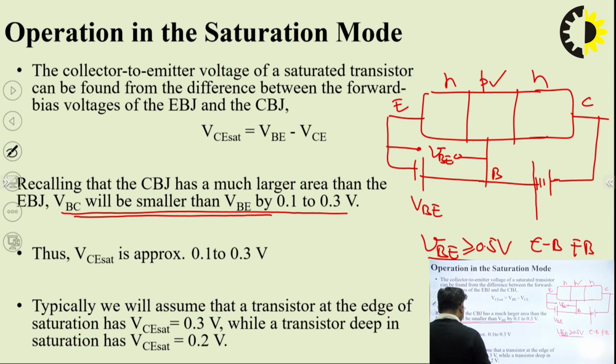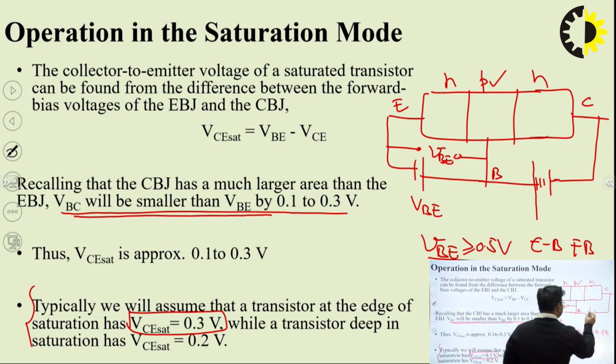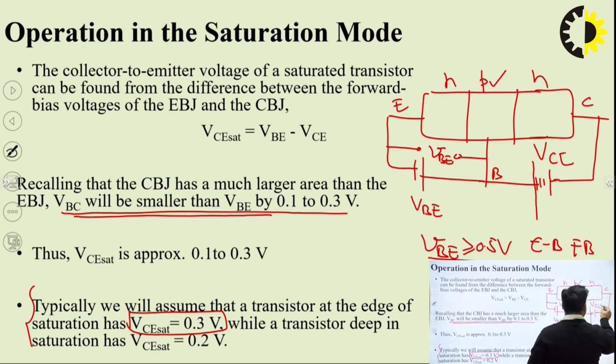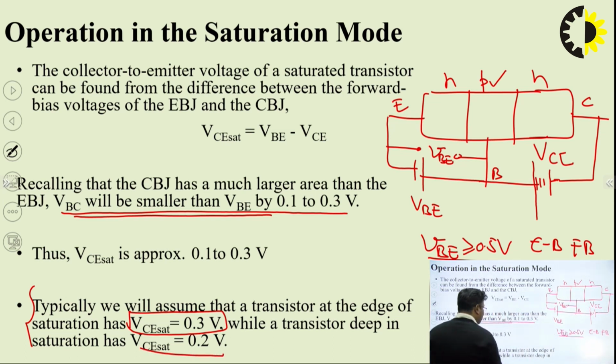So, for saturation mode operation, VCE, the voltage between collector and emitter, will be at least 0.3 volt. If we consider the saturation voltage, the value of VC with respect to emitter, if VCE is equal to 0.2 volt, then this will be in saturation mode.